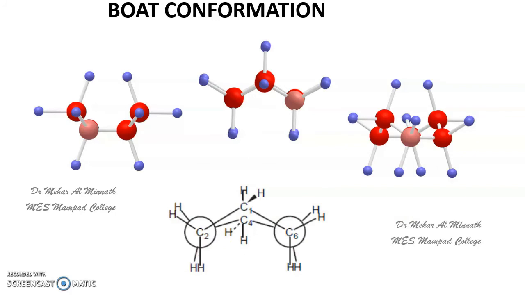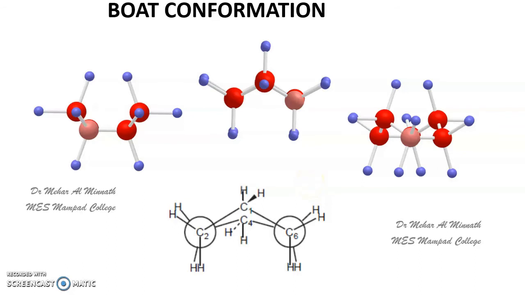Now when we calculate the gauche unit energy associated with the gauche unit, we find that the boat conformation has got higher energy. As we had said earlier, there will be torsional strain because of these eclipsing units, torsional strain and steric strain, and also the flagpole interaction.